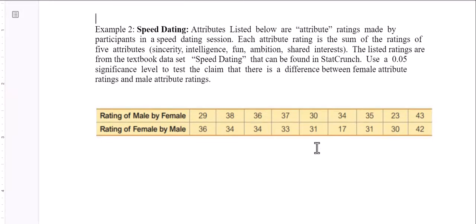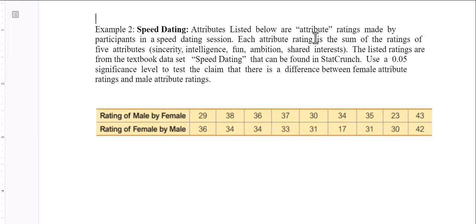What I would like to see done here is maybe add another row to say that these are the sessions. So, speed dating. Let me just read it real quick. Listed below are attribute ratings made by participants in a speed dating session. Each attribute rating is the sum of the ratings of 5 attributes, and then it tells you what the attributes are.